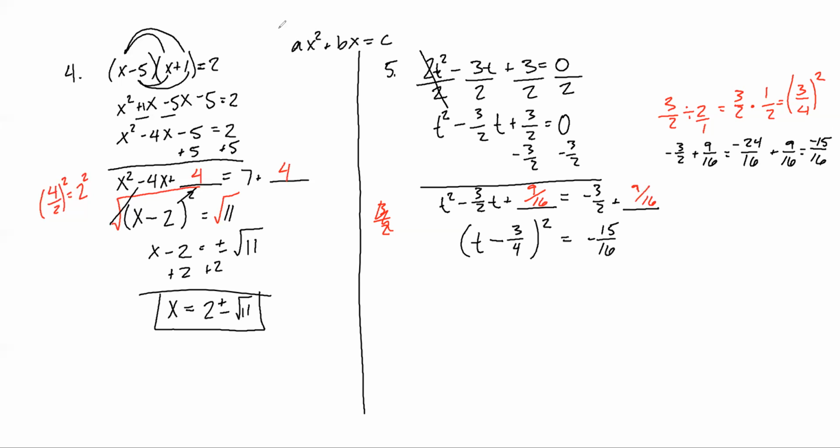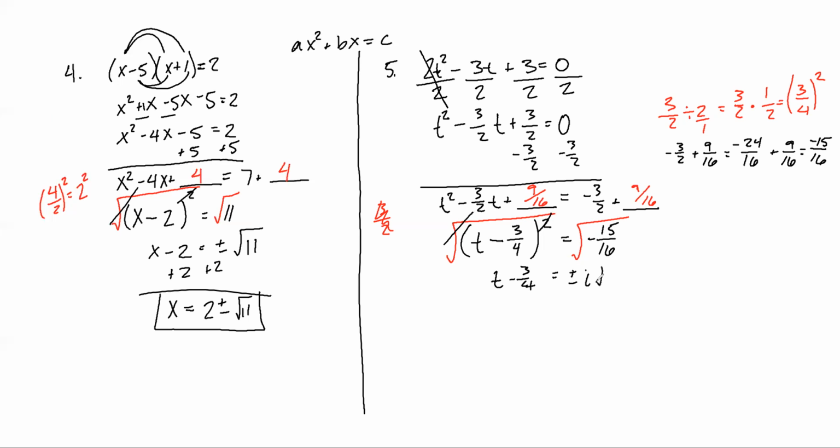All right, now let's go ahead and square root both sides. And we'll cancel these out. So we get t minus 3/4 equals, now the square root of a negative, let's not forget our plus or minus. Square root of a negative is i, so I'm going to bring that i out in front.